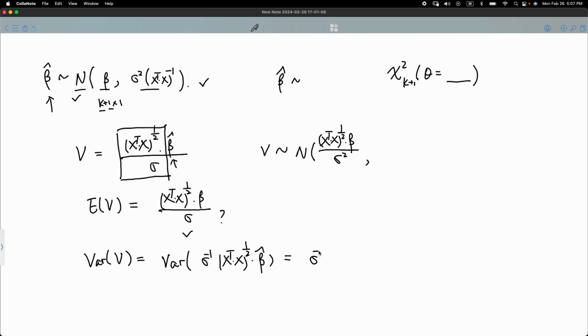You will also get sigma to the -2, and then x transpose x to the 1/2, the variance of beta hat, and then x transpose x to the 1/2. This comes from the same derivation as in your homework 1. If you simplify this, you'll get an identity matrix. So now another question: what will be the dimension of this identity matrix?